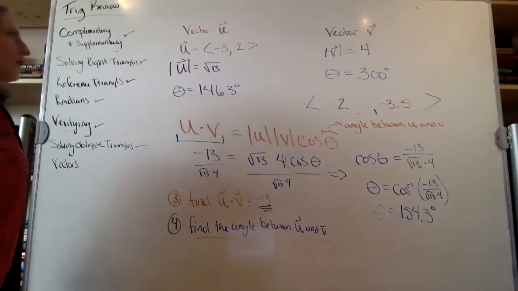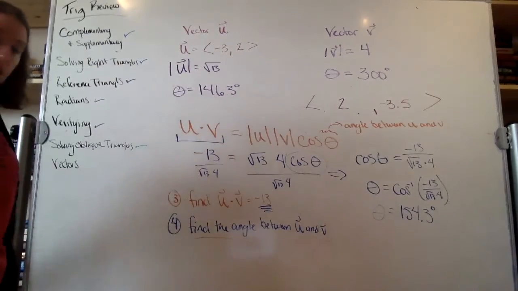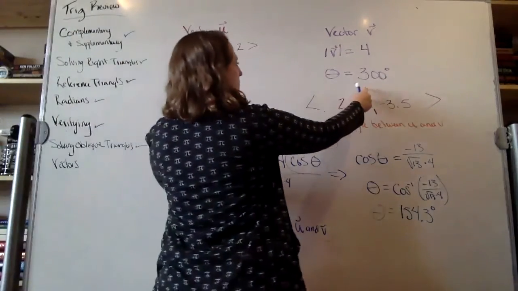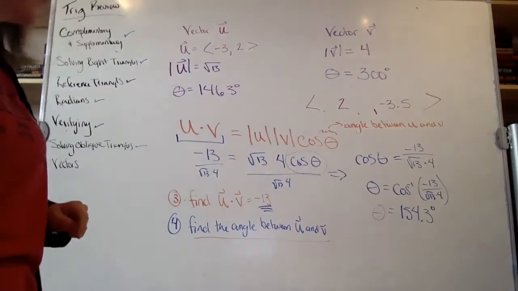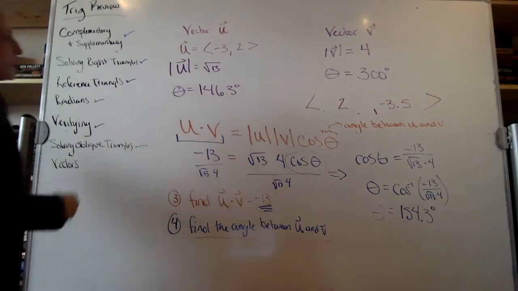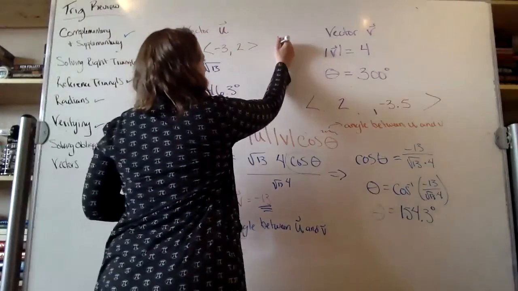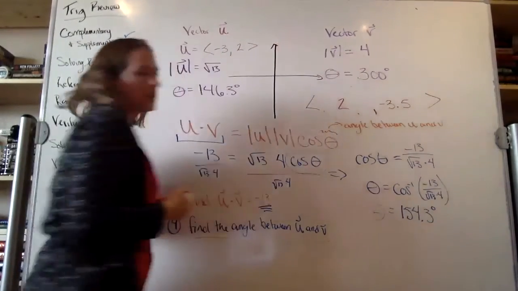Now what I want to do is see if that really makes sense based on the work that we did up here. So I just want to do a quick sketch and make sure that our answer makes sense. So let's give ourselves a nice set of axes here.